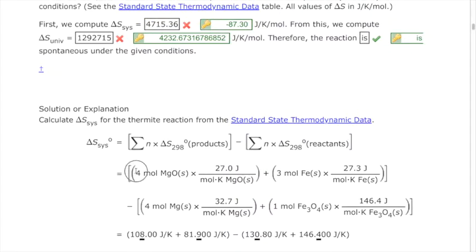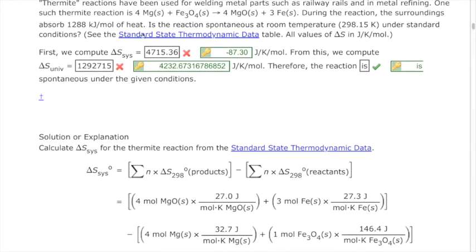This is products on top here. And we're multiplying the value for magnesium oxide by 4 because of the coefficient of 4 here, and so on and so forth. So 4 times the value for MgO. This is actually the 4 we're concerned with here because we're doing products.